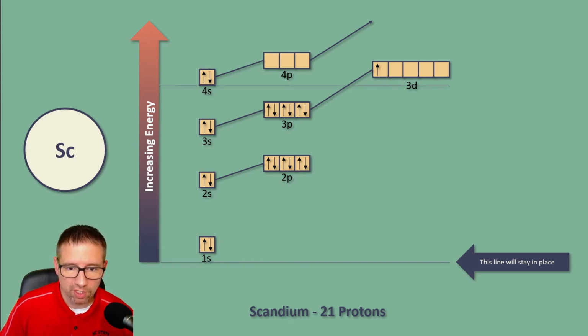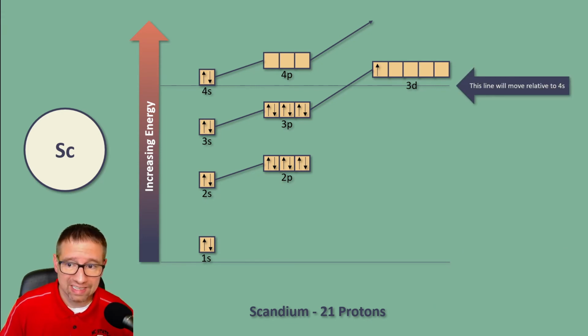And so that'll help you to understand that as we add protons, every one of these energy levels is going to pull down just ever so slightly. And you'll be able to see that because we're going to leave this line in a fixed position. On the other hand, we're going to let this line move relative to the 4s orbital. So it'll drop down and stay kind of even with the bottom of the 4s. And so that'll help us to see that the 3D orbital is actually gaining ground.